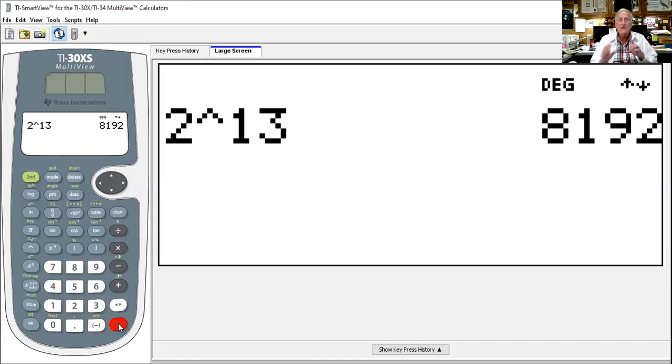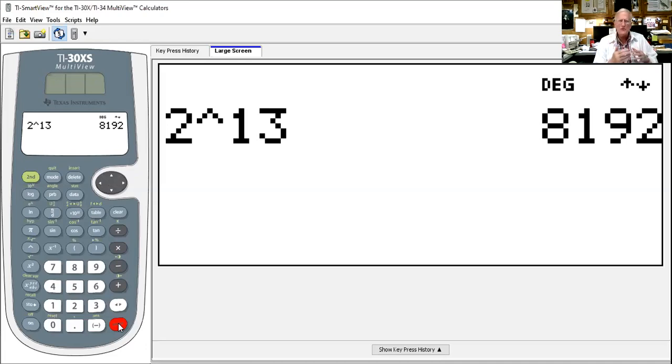Okay. Now, if you're using your phone to do this, the key you have to use is the Y to the X key. What you do is you enter your bottom number 2, you hit the Y to the X key, and then you enter the 13 and then hit enter and it'll give you the 8192.